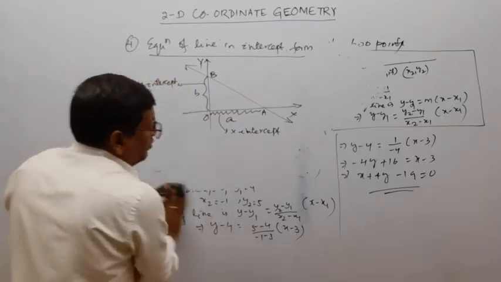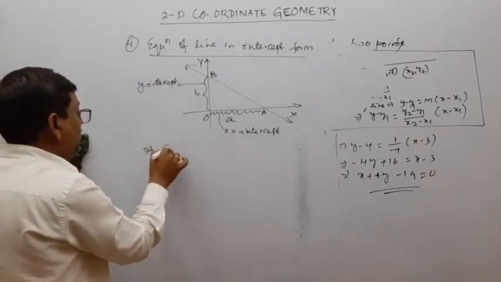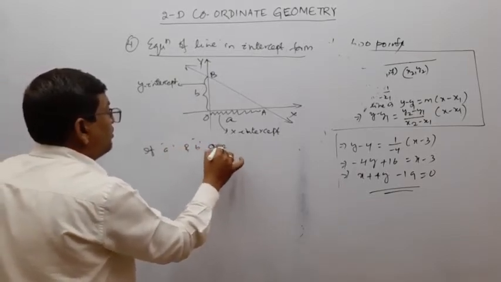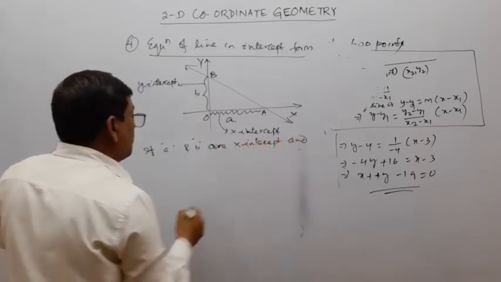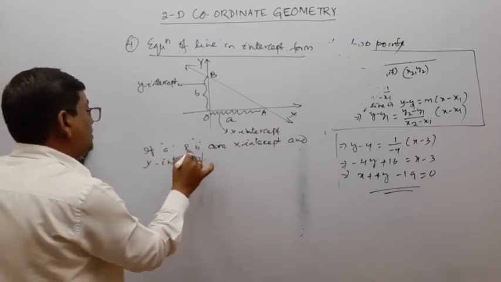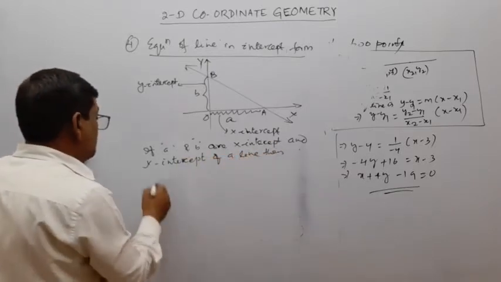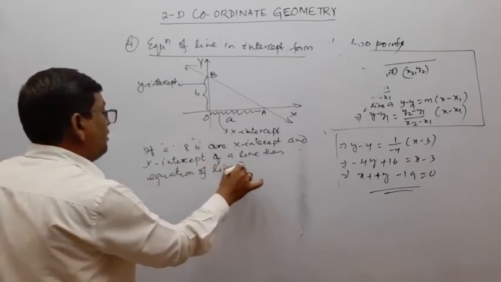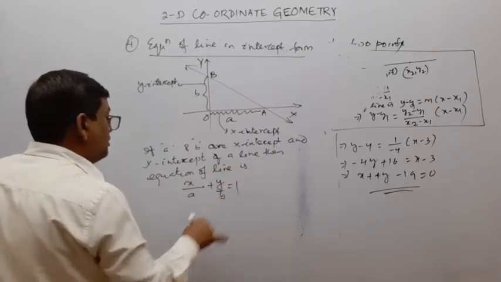Clear? So if A and B are x-intercept and y-intercept of a line, then equation of line is x by A plus y by B is equal to 1.